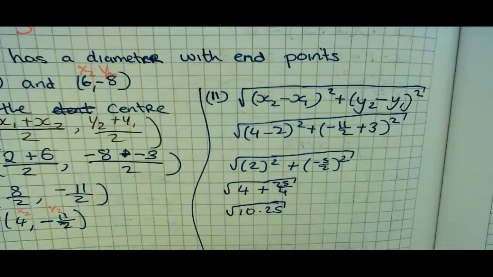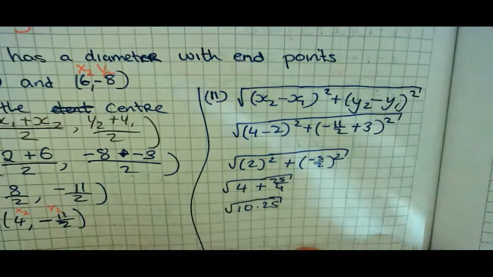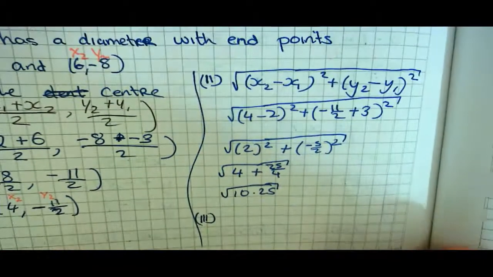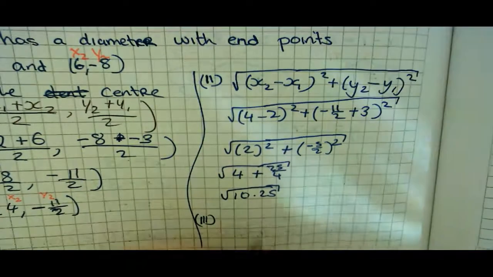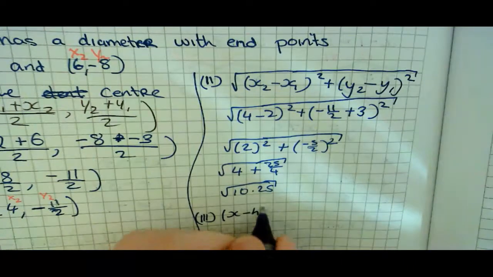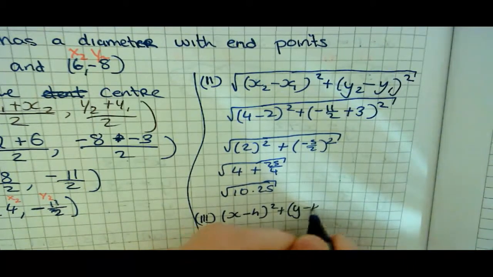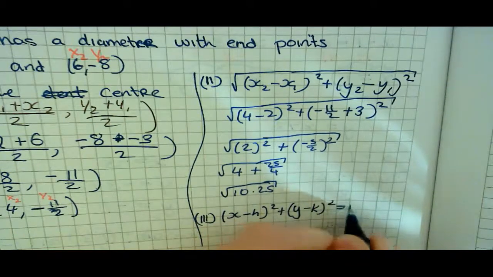And the third part of that question asks us to find the equation. So we know that (x minus h) squared plus (y minus k) squared is equal to r squared.